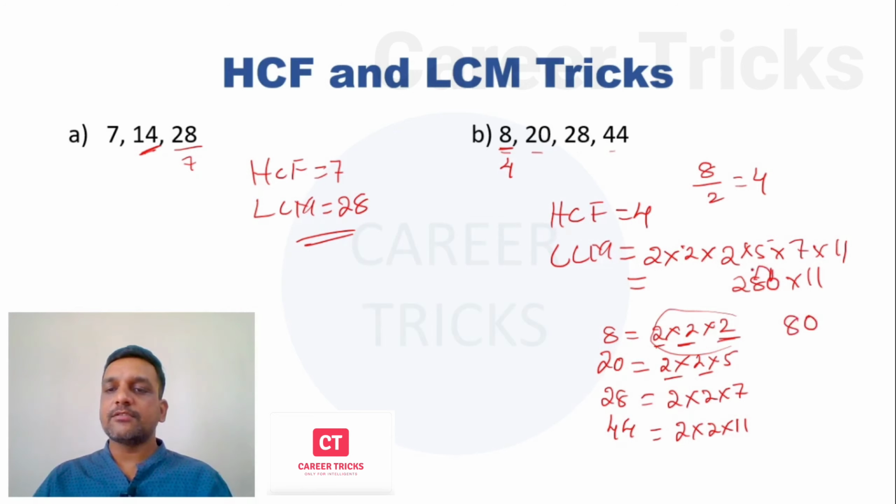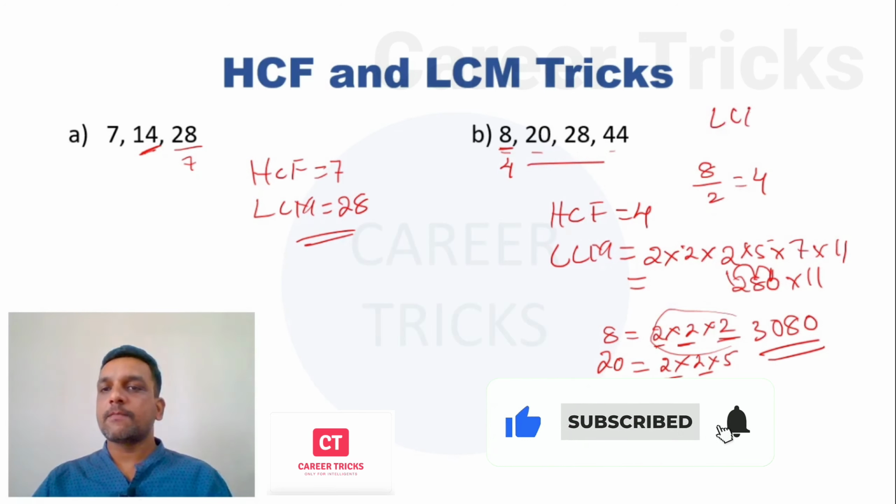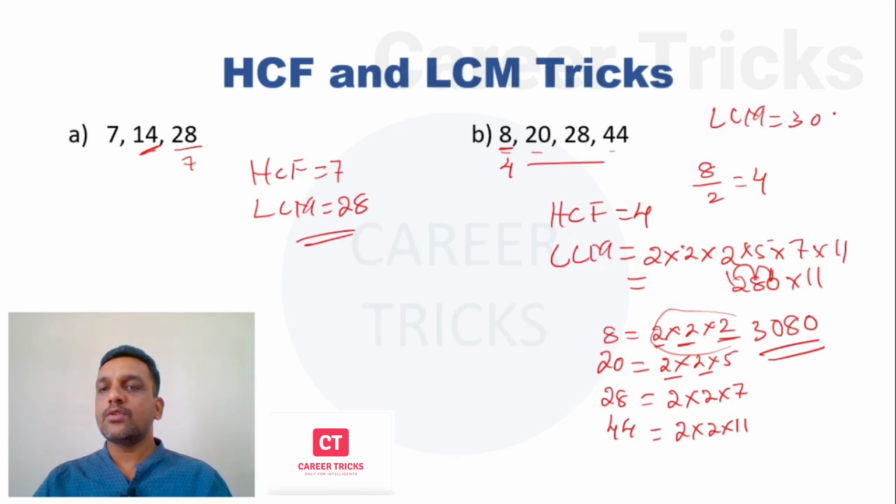After that, we add these two: 8 plus 2 is 10, so 0 and 1 carry. Then 2 plus 1 is 3. The LCM of these numbers will be 3080. Here HCF is 4. We'll solve the next problem now.